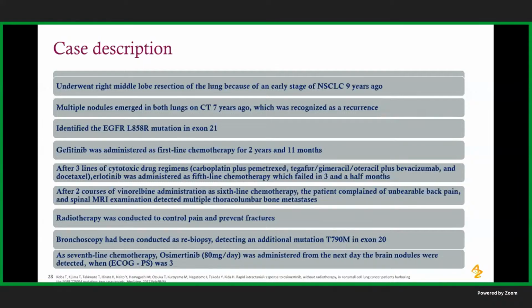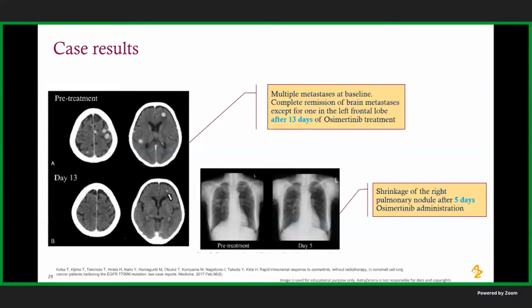The pre-biopsy showed that the patient had an additional T790M mutation in exon 20. So there are some scan pictures on the slides which are there to prove the point that on seventh line therapy, as early as day 13, there was a rapid response in this case.